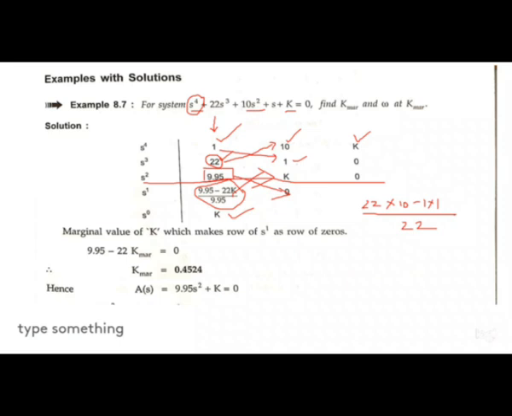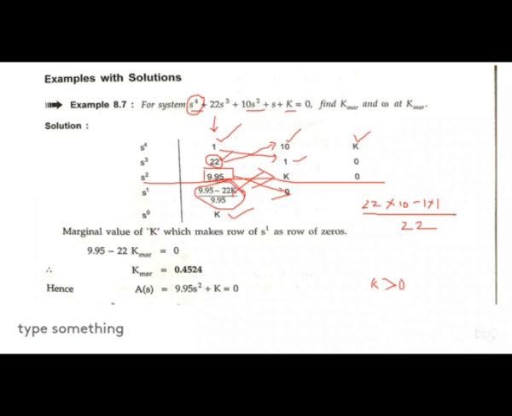We need to look at column number 1 for any sign changes. It should be positive, so initially we assume K should be greater than 0, then all the values in the first column become positive. So K should be greater than 0.